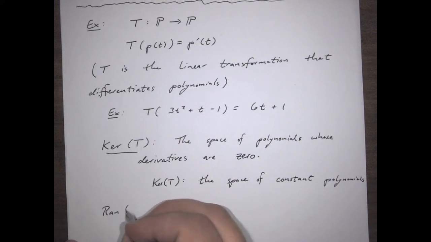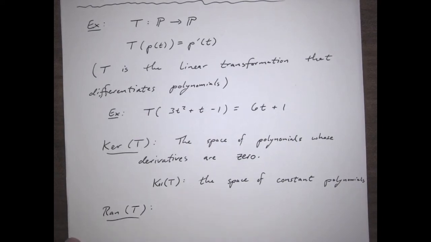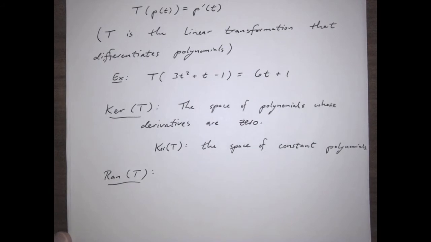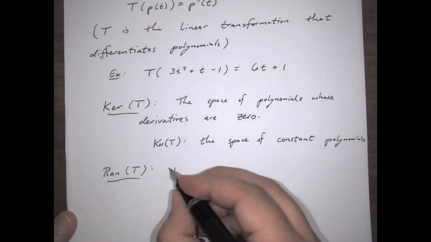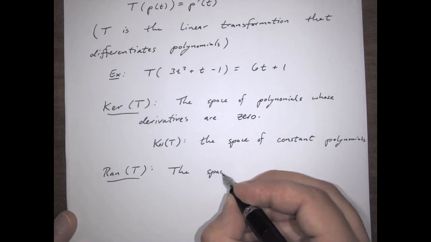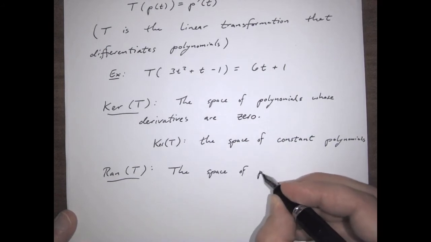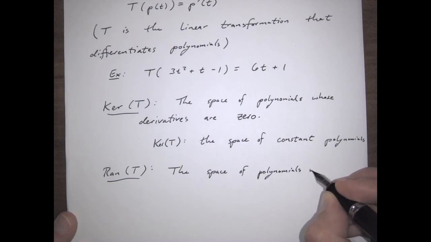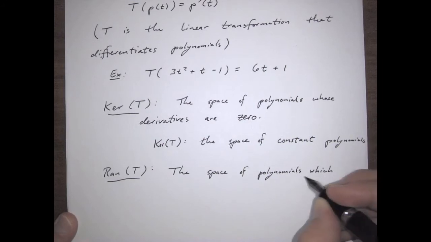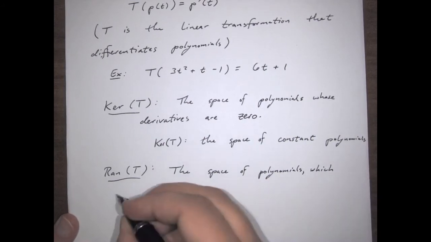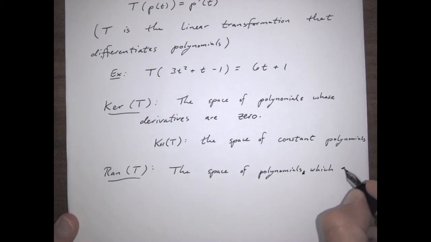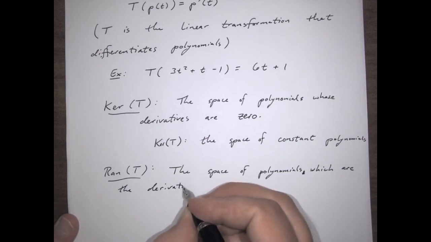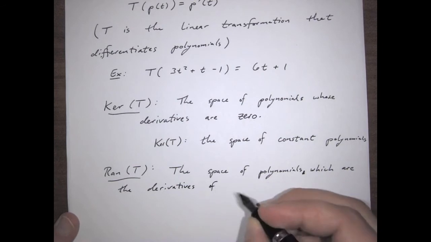Conversely, the range of T would be every polynomial that is the derivative of some other polynomial. So this is the space of polynomials which are the derivatives of other polynomials.